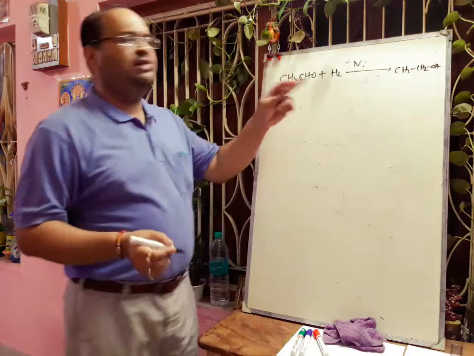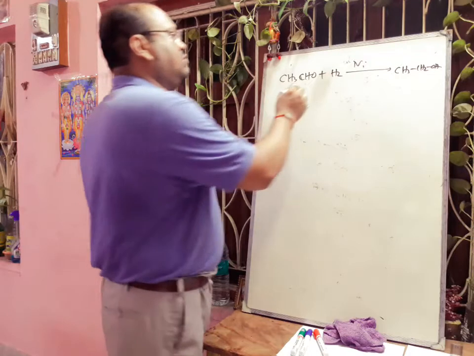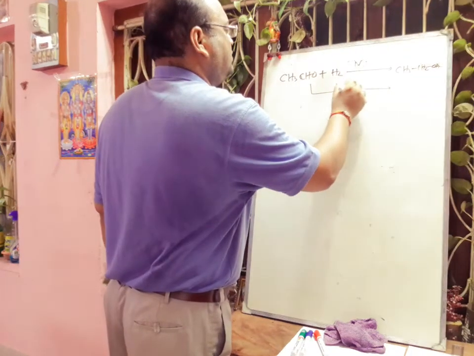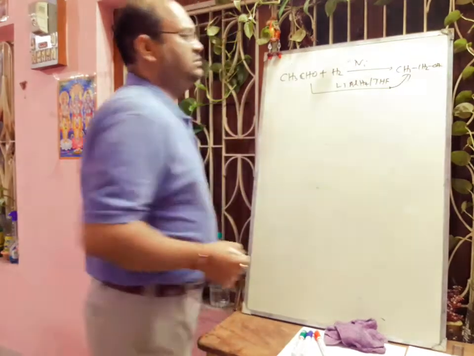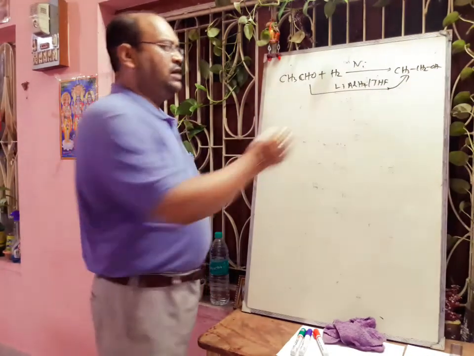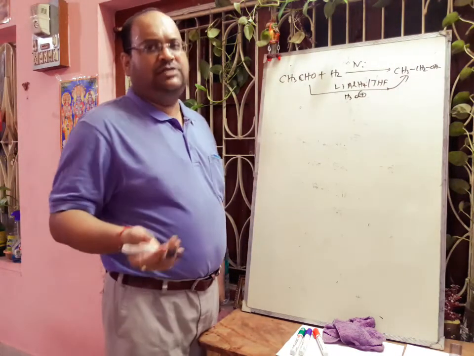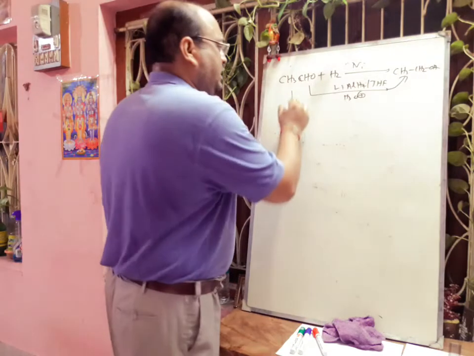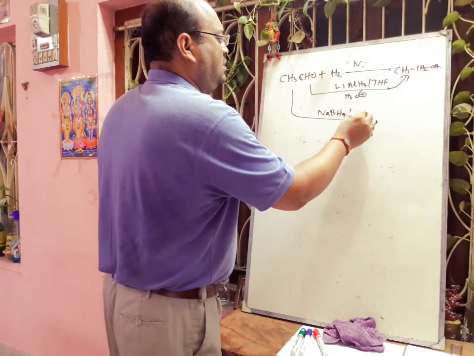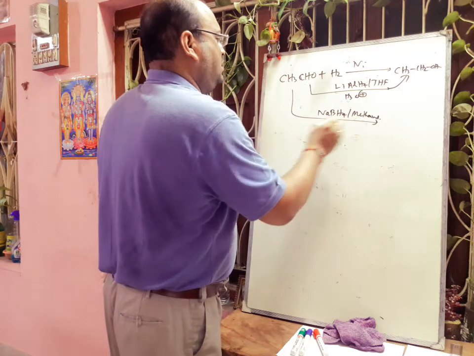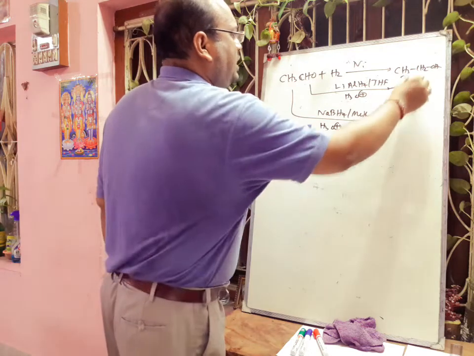So from acetaldehyde we are getting ethanol, that means primary alcohol. Here also we can use lithium aluminum hydride in THF, that will give the same product. Here also workup with H3O plus is required, and we can use the mild reducing agent sodium borohydride, NaBH4 in ethanol, then finally H3O plus. Here also we get the same product, ethyl alcohol.